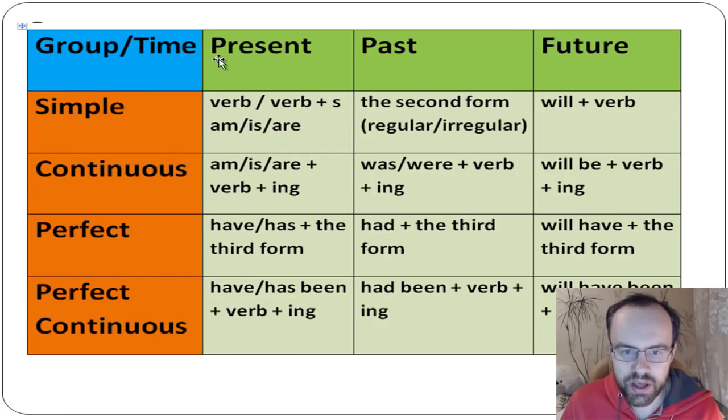So you see that there are three different times. You see a group, yeah? Below are simple, continuous, perfect, perfect continuous, and time: present, past, and future. So let's look at the first group.